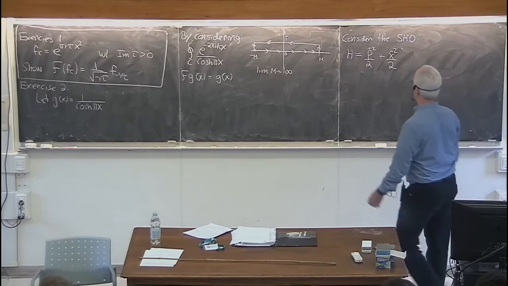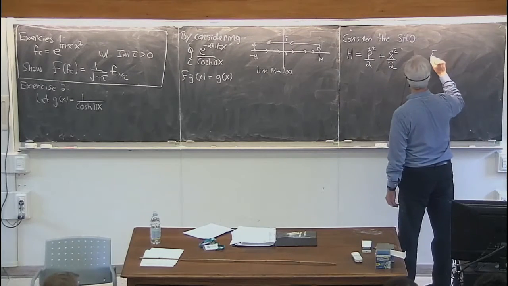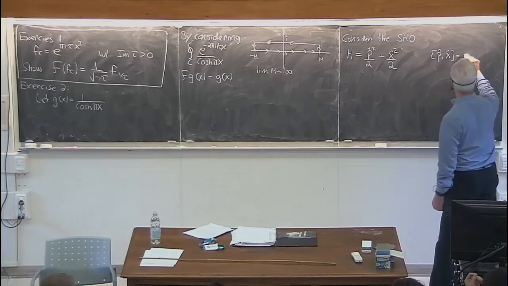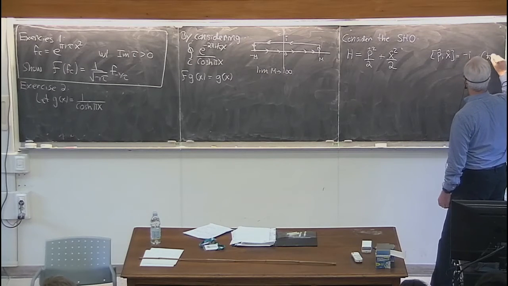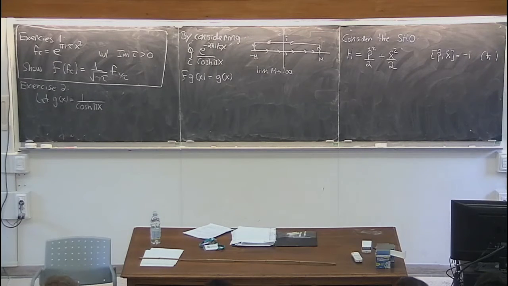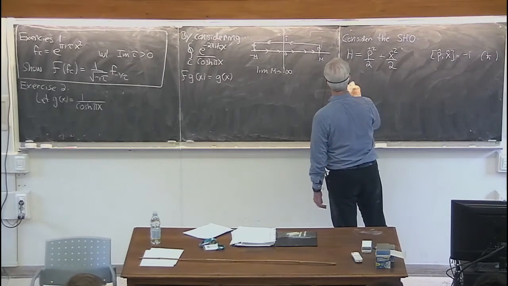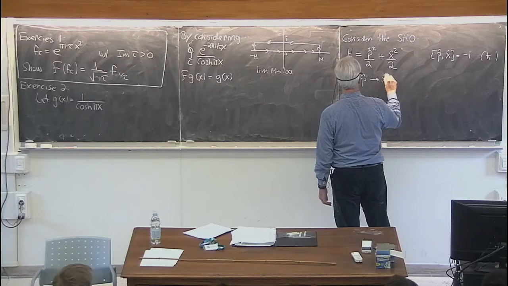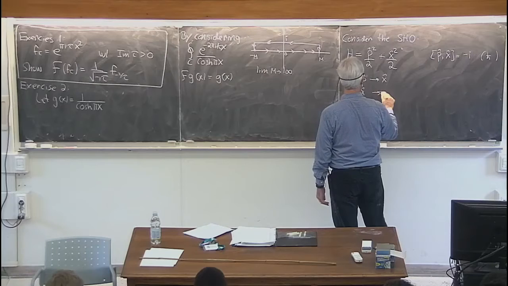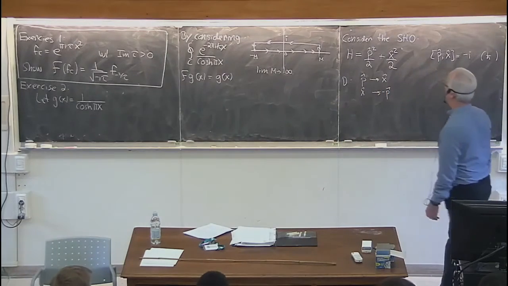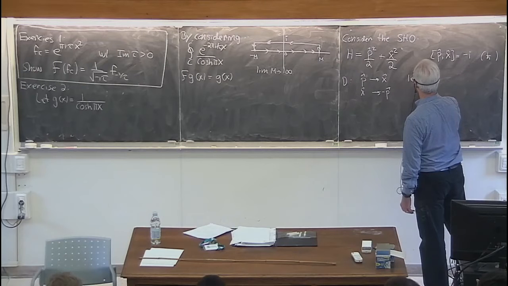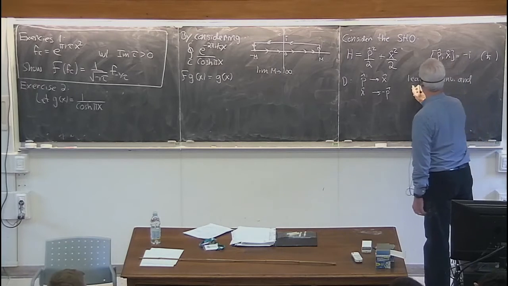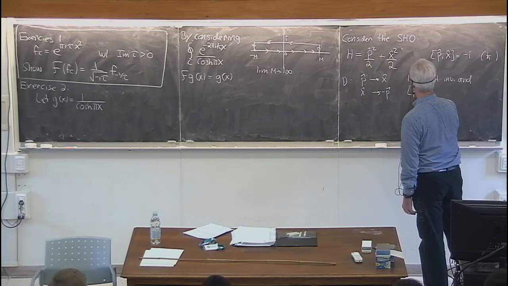And we have commutation relations that the commutator of momentum with x is equal to minus i times h bar, but I'm putting h bar equal to 1. And if I consider a transformation which takes p hat to x hat and x hat to minus p hat, this transformation leaves H invariant, and it leaves the commutation relations invariant.